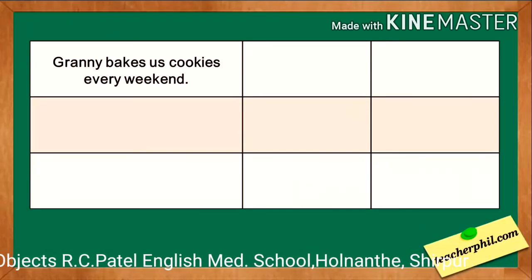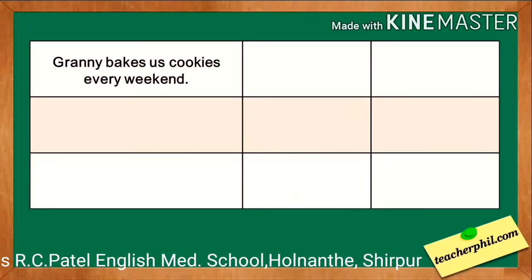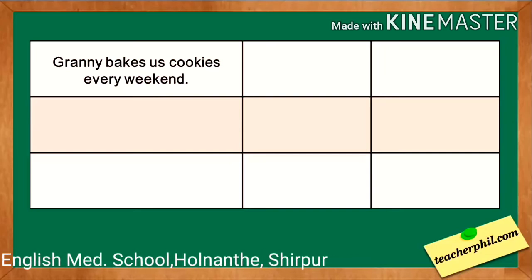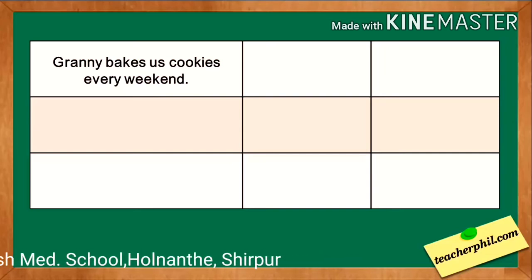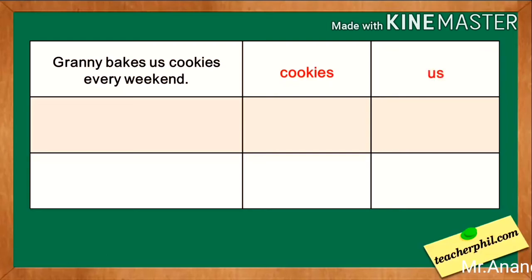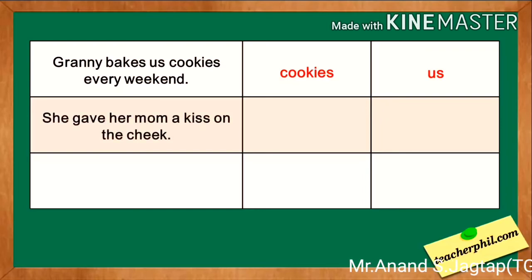Next one, Granny bakes us cookies every weekend. Here cookies is direct object and us is indirect object. Next, she gave her mom a kiss on the cheek.